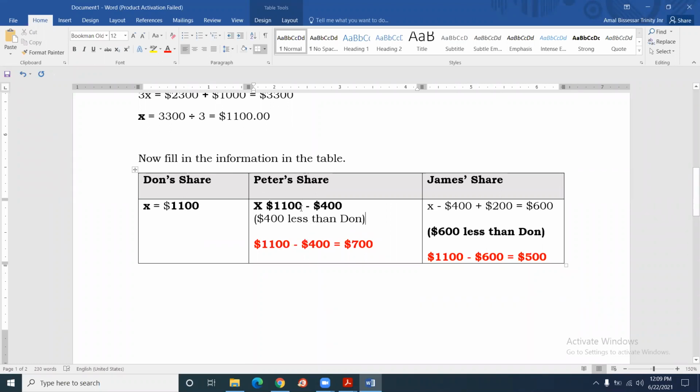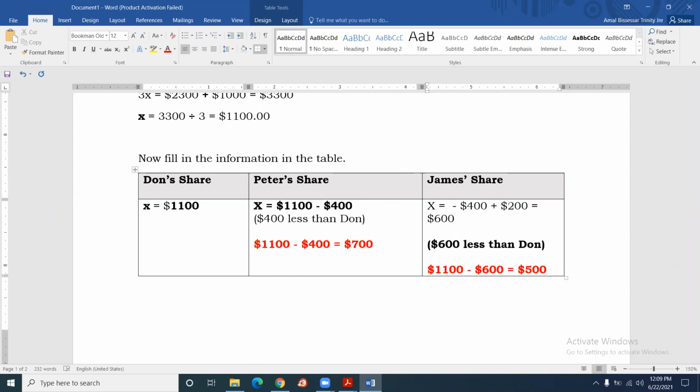So that's what I did. And then this x here will get another 1,100. And instead, we are subtracting 400 plus 200, 600.